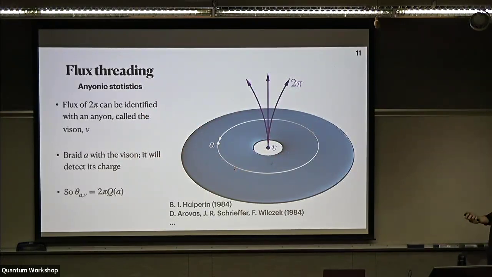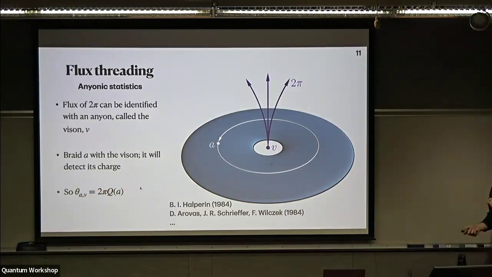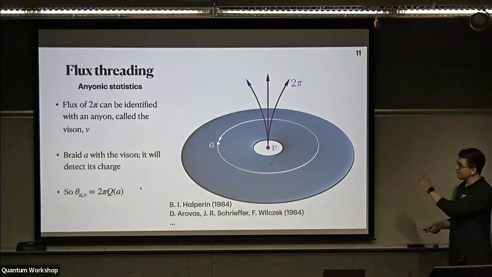So I should accumulate a phase in the wave function, which is exactly 2π times the charge of that anyon, because I'm detecting the charge with the 2π flux. But what that means is that the braiding phase of my anyon A with V is equal to 2π times its charge. So the vison detects the charge via braiding. Okay, so that I know just from this U(1) symmetry enrichment.